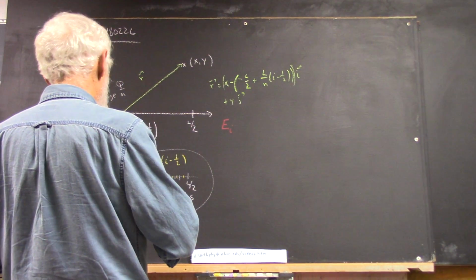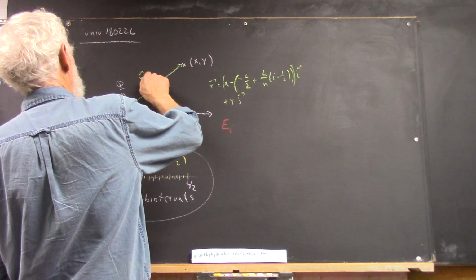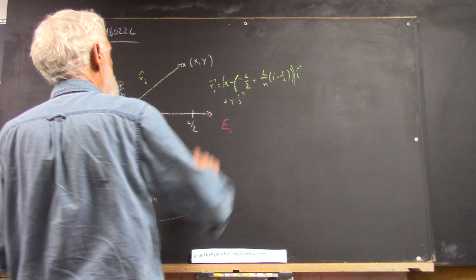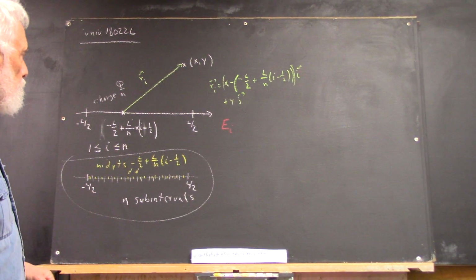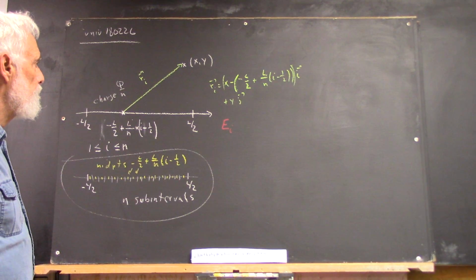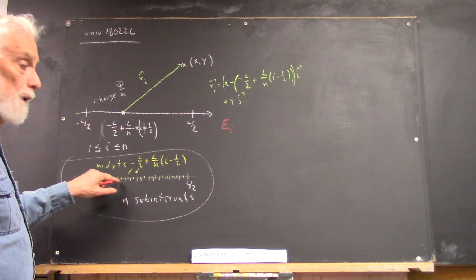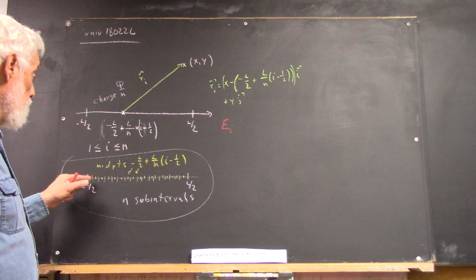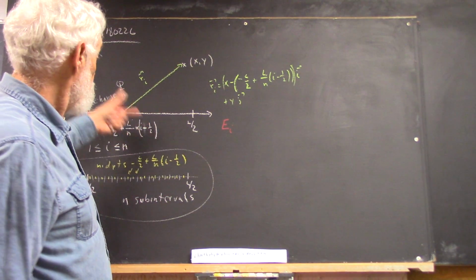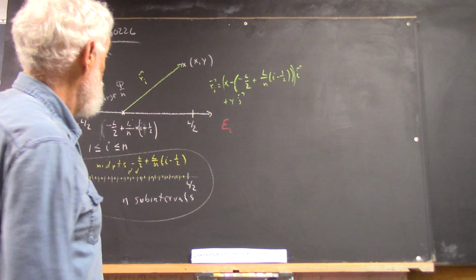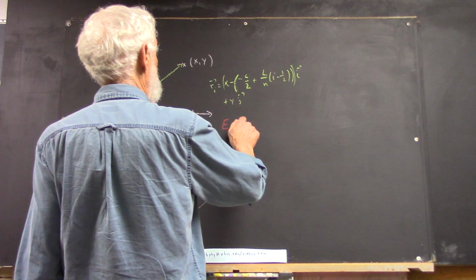Let's call that r sub i, because what that's actually going to represent is a charge at the middle of an interval. i could be anything from 1 to n, so this could represent any interval. Okay, so E sub i is what?